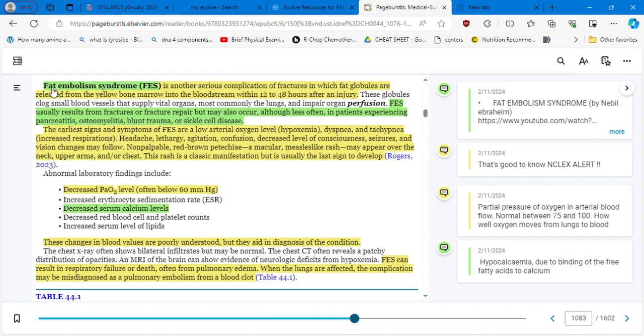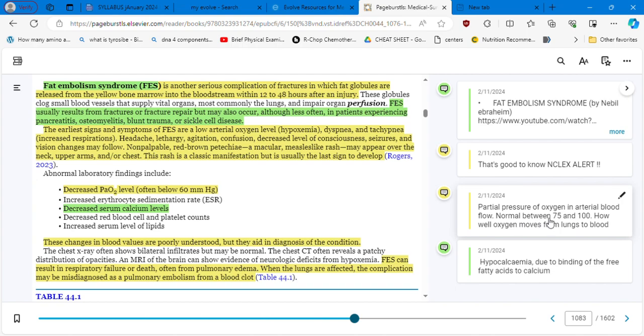They are going to ask you questions about fat embolism syndrome, and probably they are going to give you a few choices, and you have to select the choice that contains the most accurate signs and symptoms, right? Abnormal laboratory findings include decreased PaO2 level, often below 60, and the PaO2 is the partial pressure of oxygen in arterial blood.